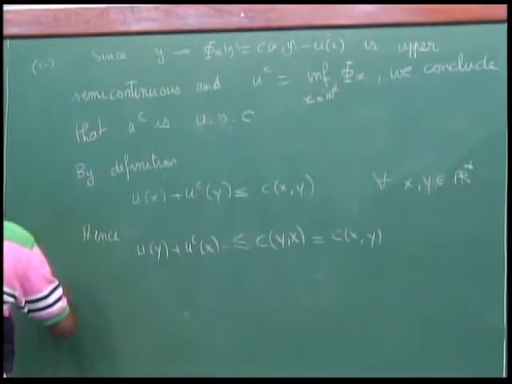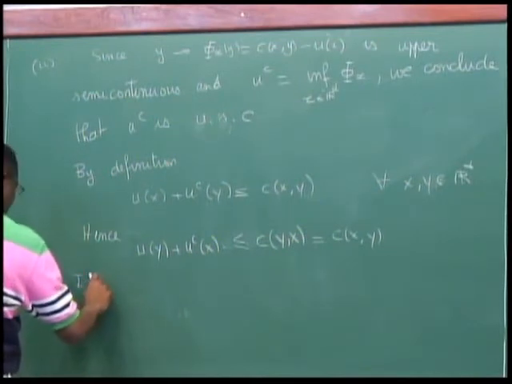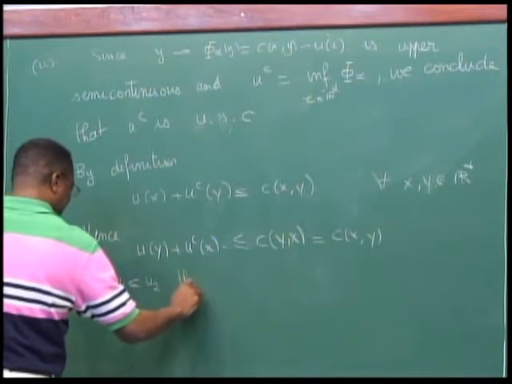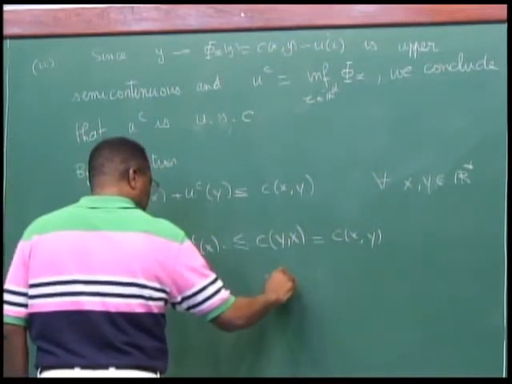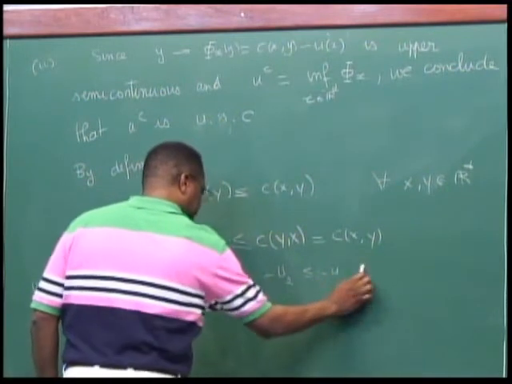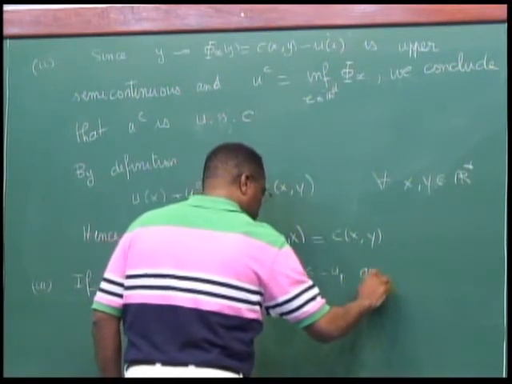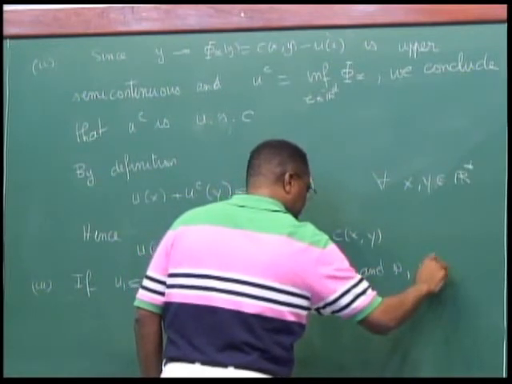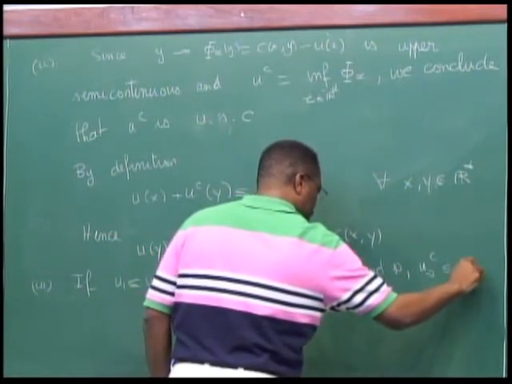For the third one, if u1 is less than u2, then negative u2 is less than negative u1. And so u2^c is less than u1^c.